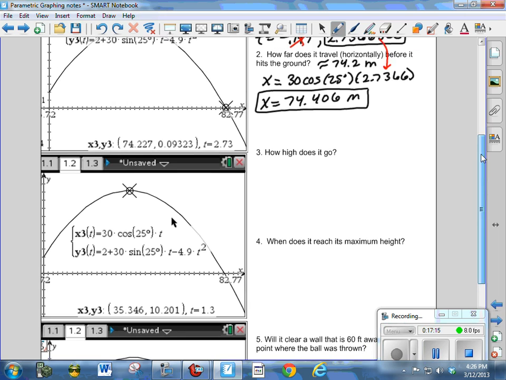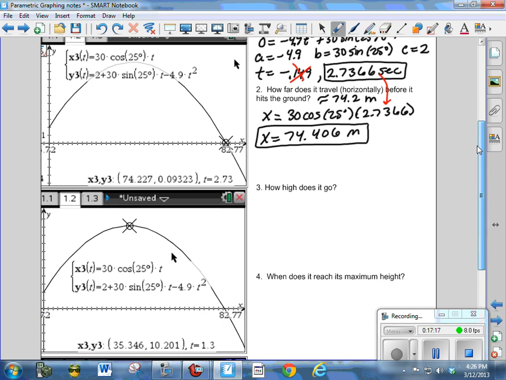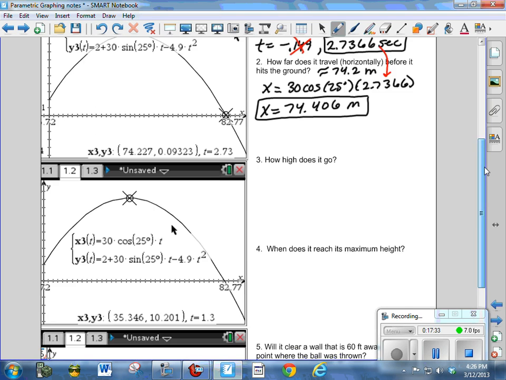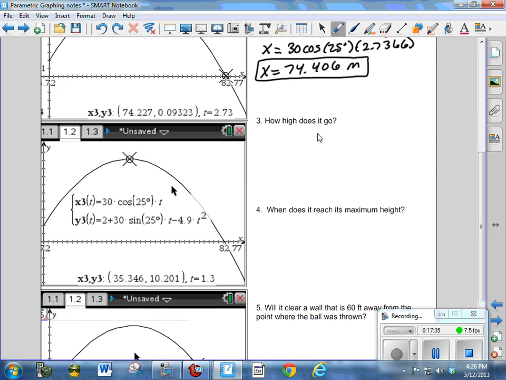We know that it's going to be at its maximum value halfway between these two times. So if you take the average of these two times, that's going to be when it's at its maximum value, because it's going to be halfway in between the two x-intercepts. And then you could plug that in to find how high it goes. That would be one way to do it. This would be one, though, where it would be okay to trace.